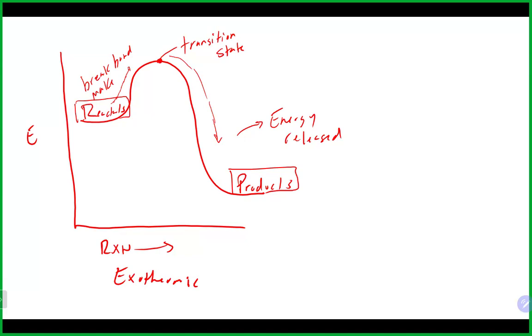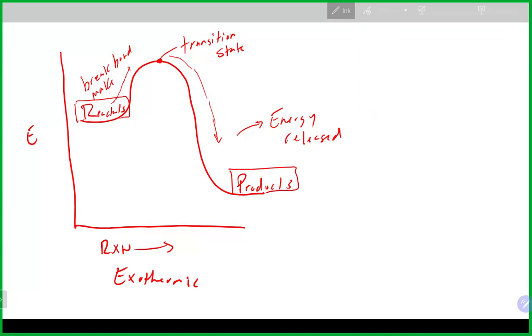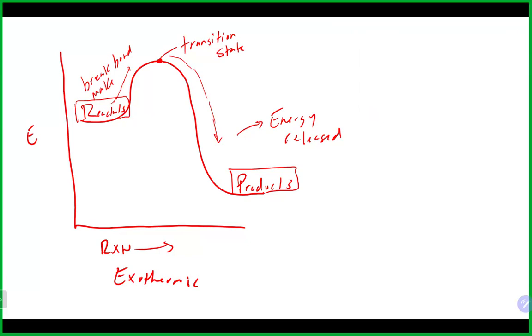Now, that hill that the reactants need to climb to get to the other side, from here to here, also has a special name. This is what is known as the activation energy.